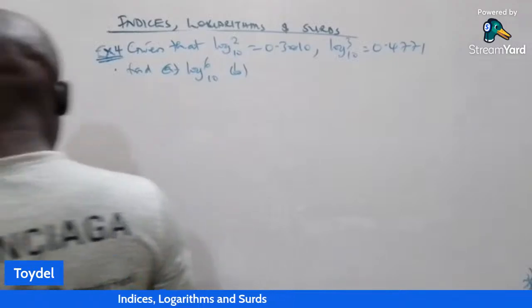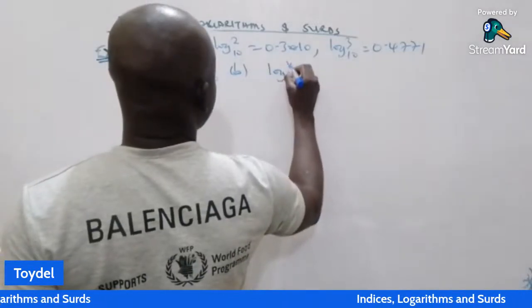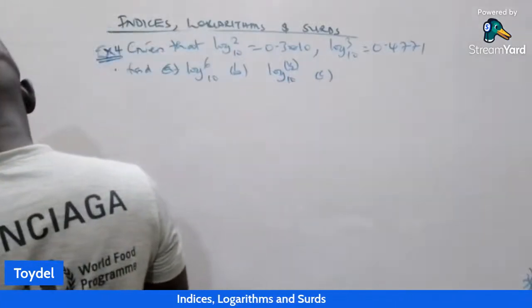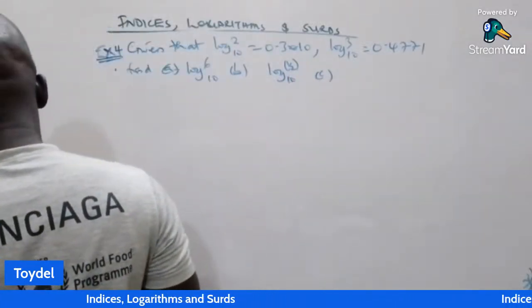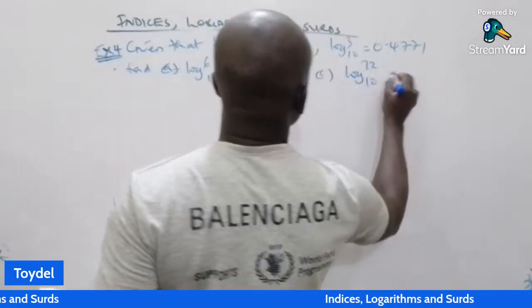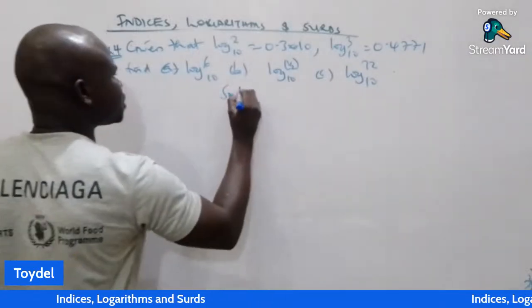That's the first thing that we want to find. Then B: log half base 10. Then C, we can talk about log 72 base 10. Okay, so these are just multiple choice questions that require short answers.